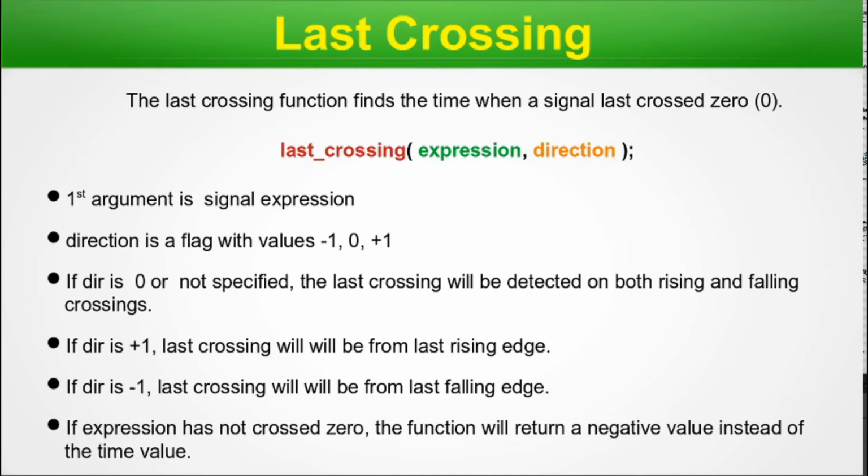If the expression has not crossed 0, the function will return a negative value instead of a time value. So if in the execution of our Verilog A code we see it has returned a negative value, that means the expression has never crossed 0. Neither a rising nor a falling crossing has happened at all. In that case we have to check the waveform on which we are operating this last crossing.